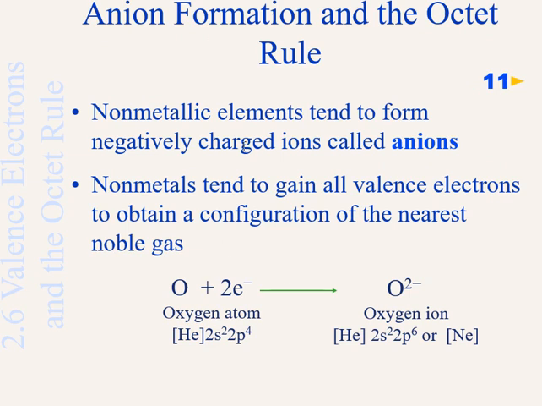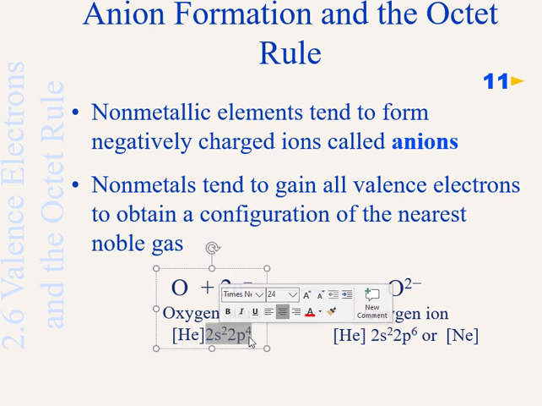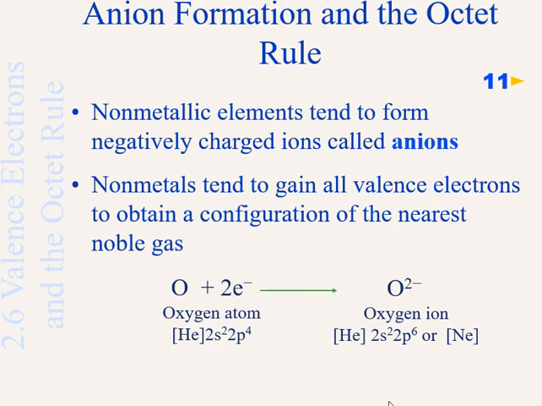Anions gain electrons. Non-metals on the right side of the periodic table tend to gain electrons to achieve an octet. Oxygen has 8 electrons with the configuration 1s2 2s2 2p4, and the valence electrons are 2s2 2p4. It will gain 2 more electrons, and when it does, it will have a charge of 2 minus.